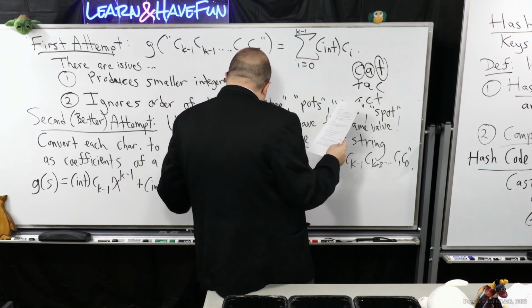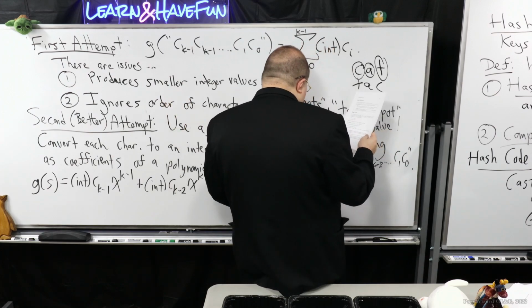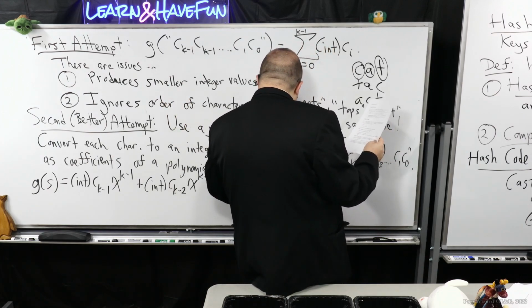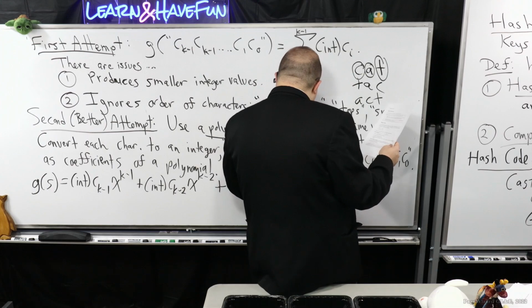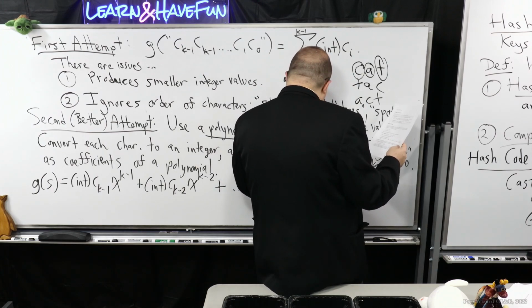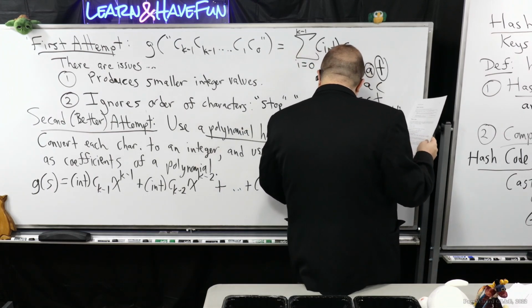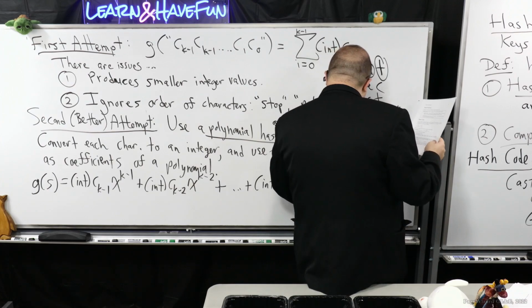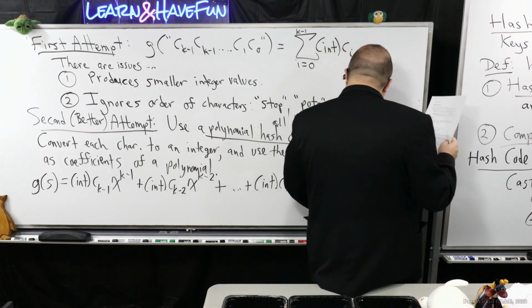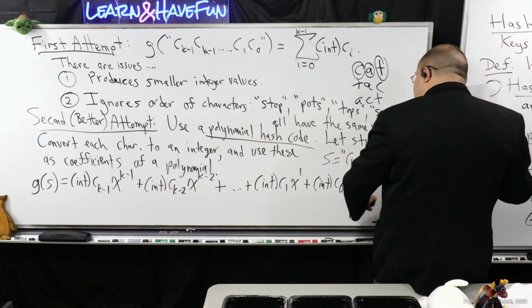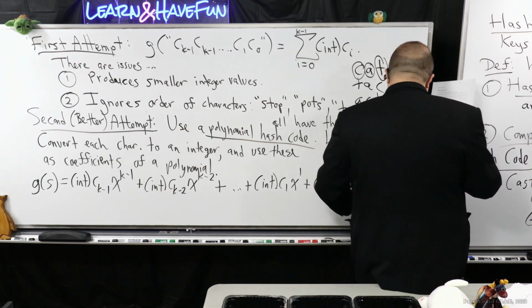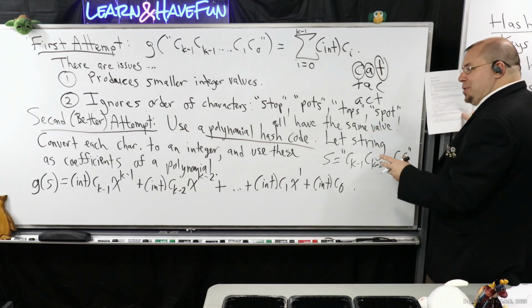And it's going to keep summing as the powers go down. And c1 times x to the power of 1, plus the last one where I converted to an integer. This will be when we have x to the power of 0. So this is what the polynomial looks like.